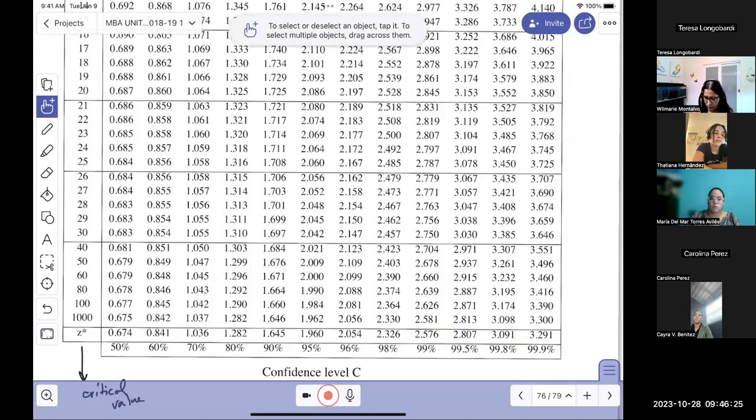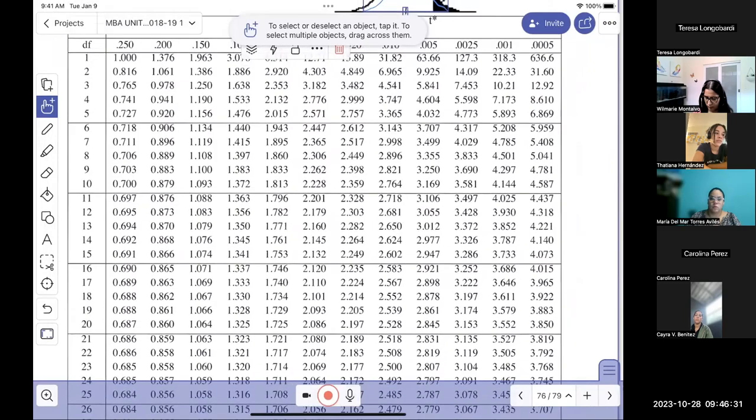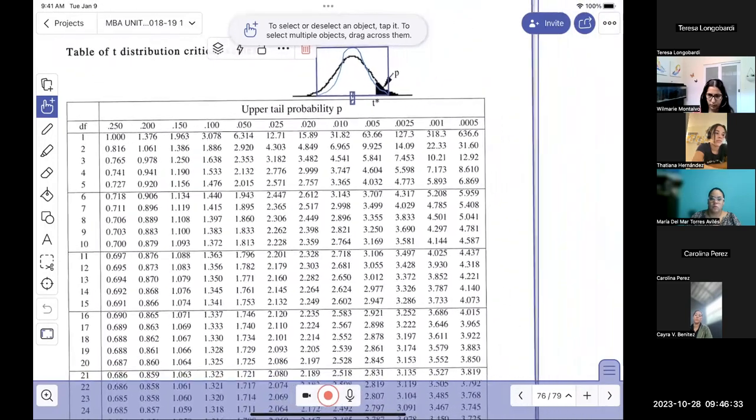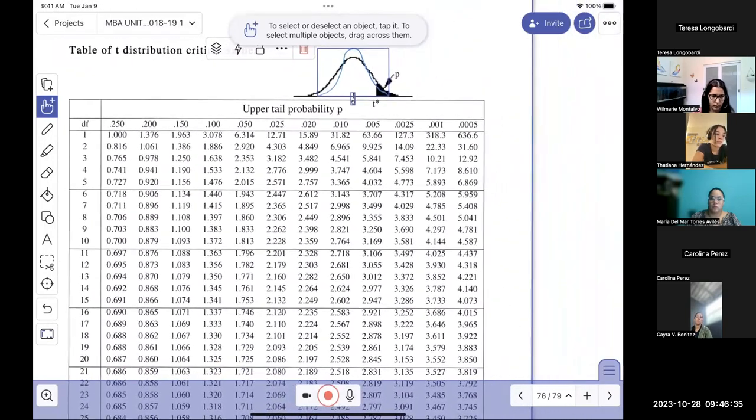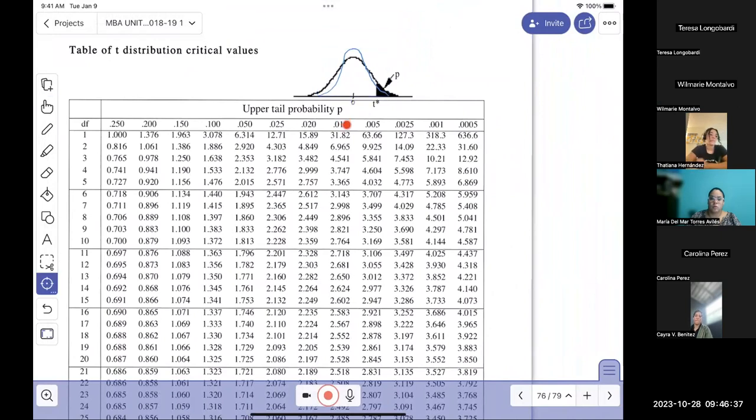So actually what we have on this table are just 12 T-scores.